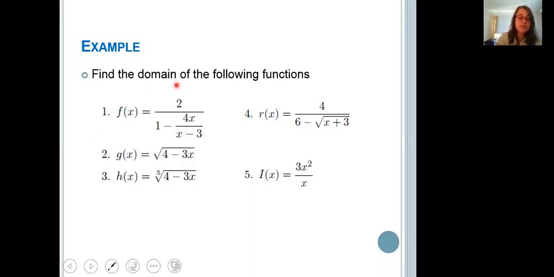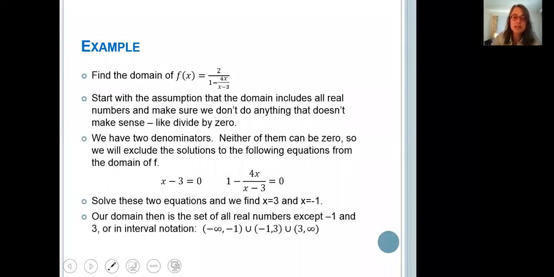We also have a fraction here, a whole big fraction that has a denominator. 1 minus 4x over x minus 3 is a denominator. We need to make sure that both of those denominators are not 0, because we can't divide by 0. So what we're doing here is we are looking for values that we are going to have to exclude from our domain.